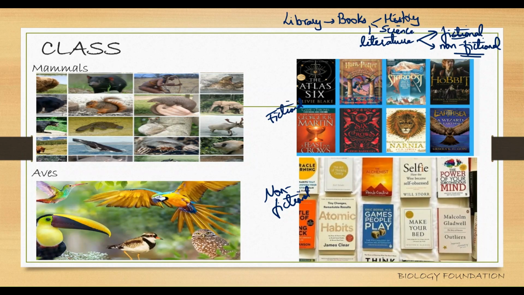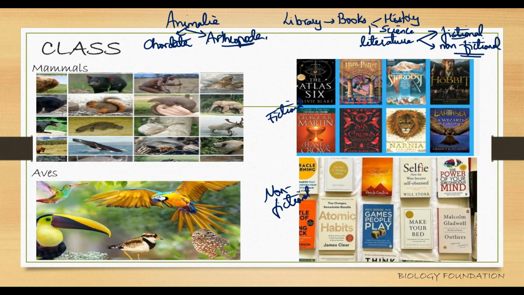In the same way, you have the kingdom Animalia. Here you have organisms which have a notochord, they are placed under the Chordata phylum, and those that have jointed legs are placed under Arthropoda.